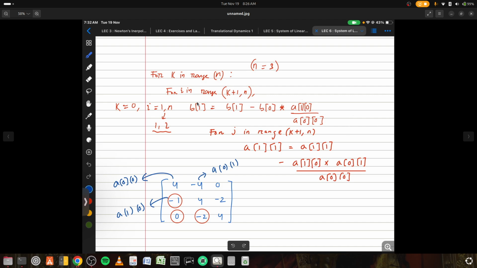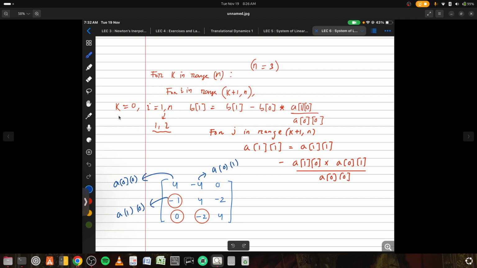Now what will be the values in the first iteration? For this for loop, in the first iteration, the value of k will be 0, right? For k in range n, that means for k in range 3, the k value will vary from 0 to 2.